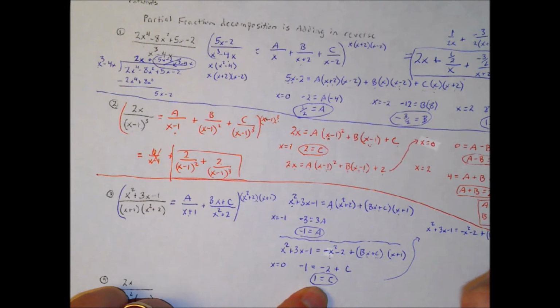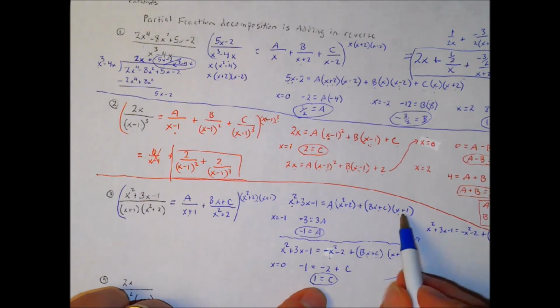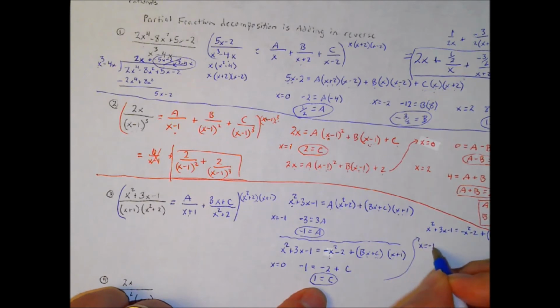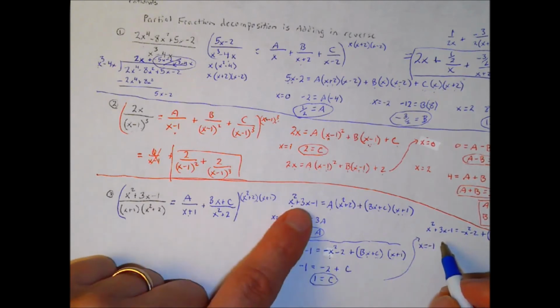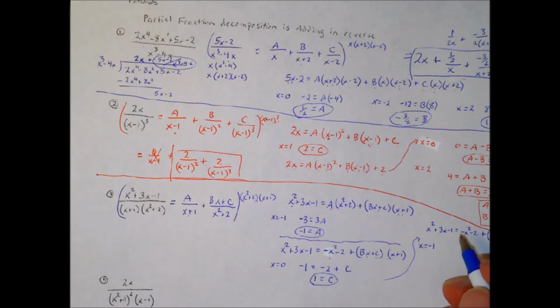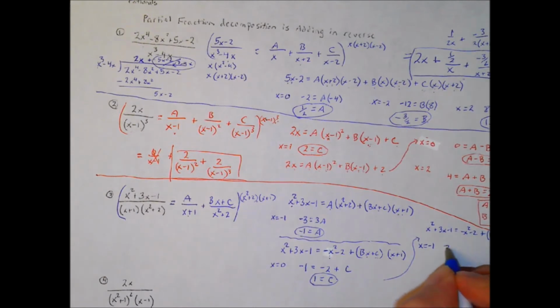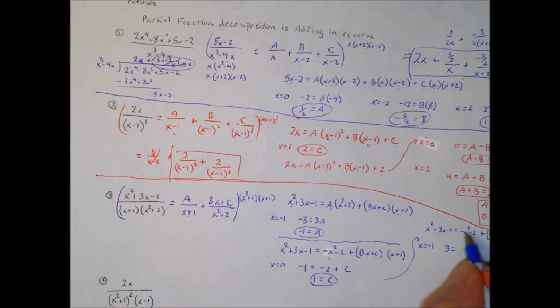So to make this part a 0, I want to get the b by itself, so I want this part over here to be a 0. So I'm going to make x a negative 1. So when I plug in a negative 1 here, I get 3. Negative 1 squared is 1, so negative 1 minus 3 would be negative 3. Plus the b plus 1 here.